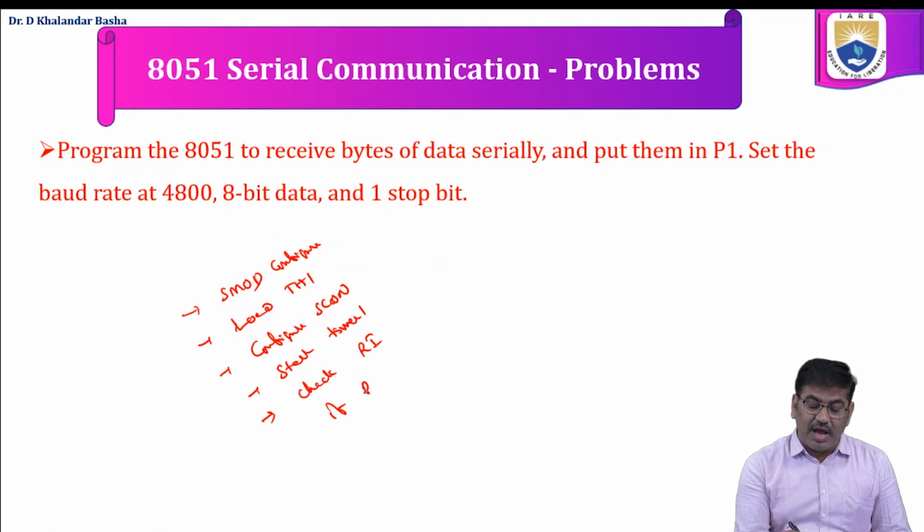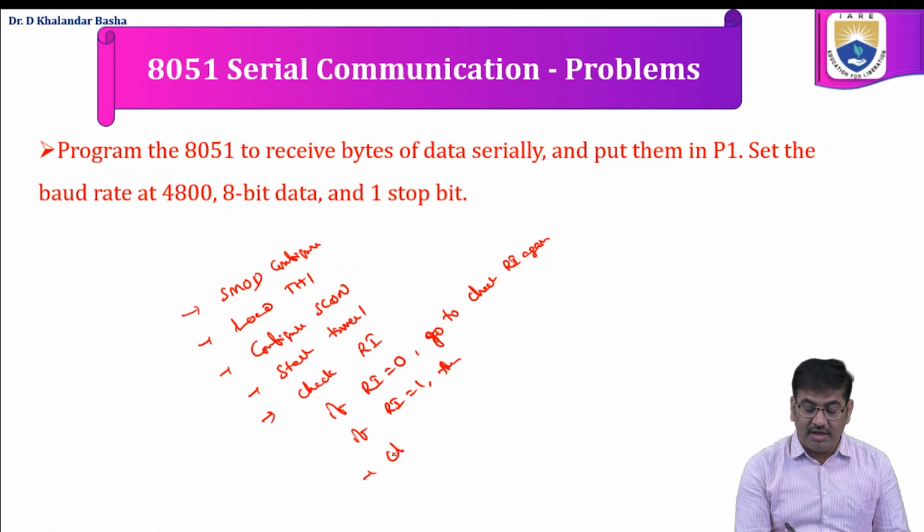So if RI is equal to 0, that indicates the data is not received, so go to check RI again. If RI is equal to 1, the reception is done, then clear.